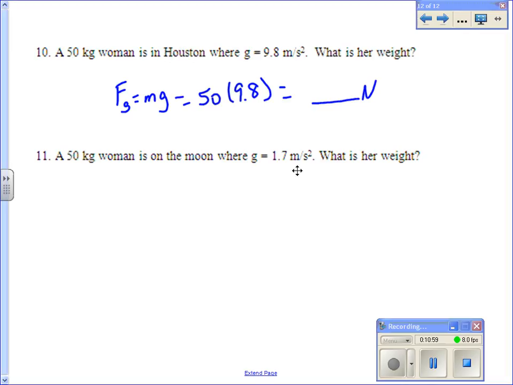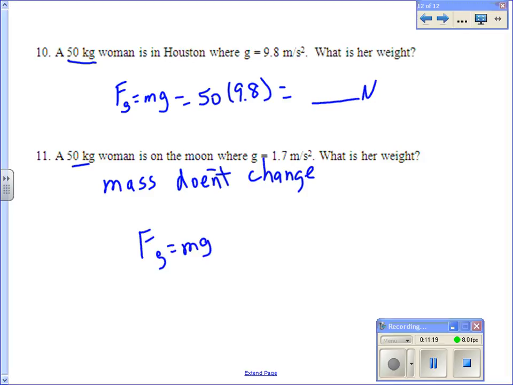What happens if we put her on the moon? What's her weight? Now, it's important to understand that mass never changes. Mass doesn't change whenever you're suddenly transported somewhere. Okay? Your weight changes based on the g. So your weight will change because our g is now less than 9.8.